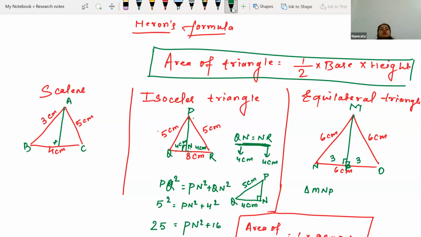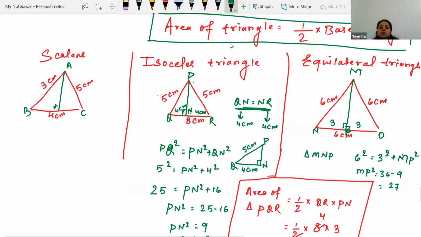here by Pythagoras theorem, we can say that hypotenuse square, that is 6 square, is equal to 3 square plus MP, that means height square. MP square will be 36 minus 9, that means 27. So MP will be root 27.